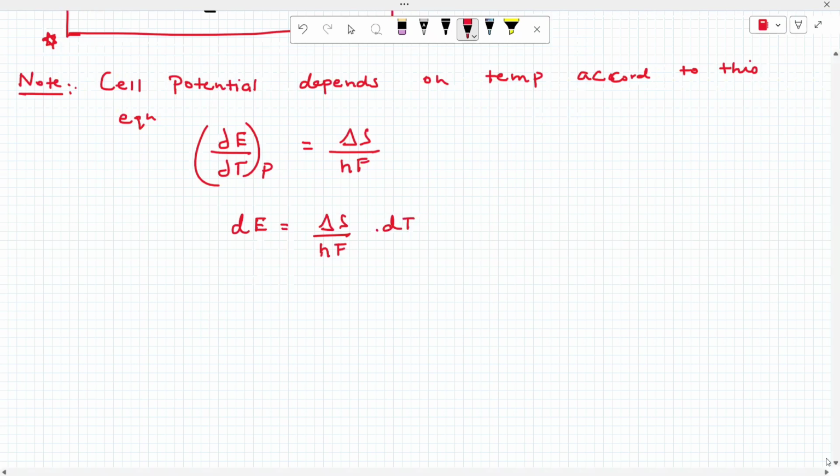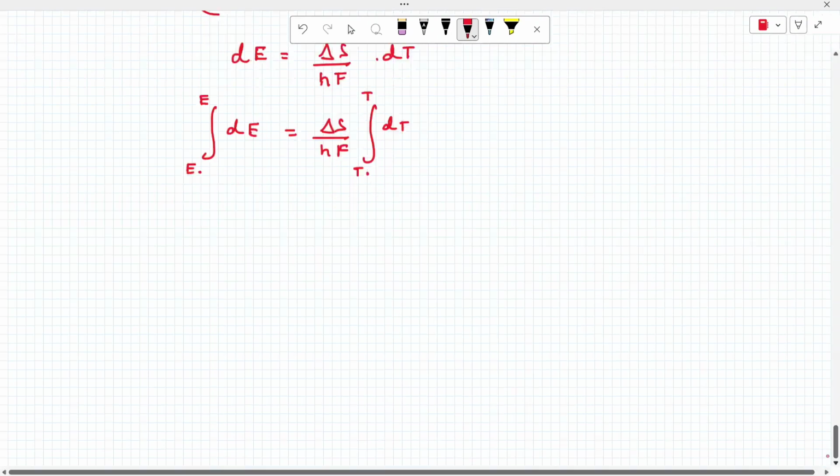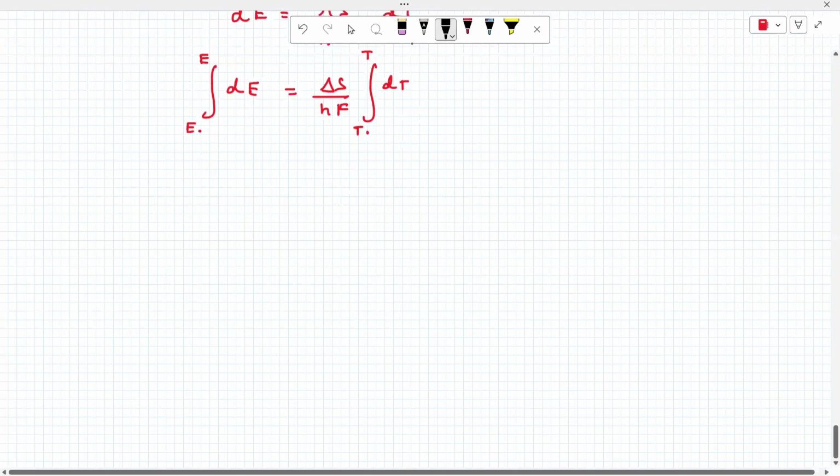Yes or no? Now take both, integrate பண்ணுங்க. The integration of dE, limit E to E naught, equal to delta S by nF, that is constant, integration of dT from T naught to T. The two cancel, right?